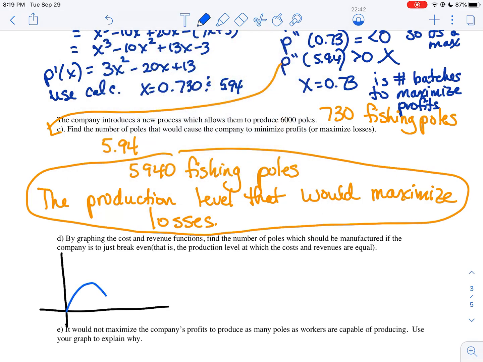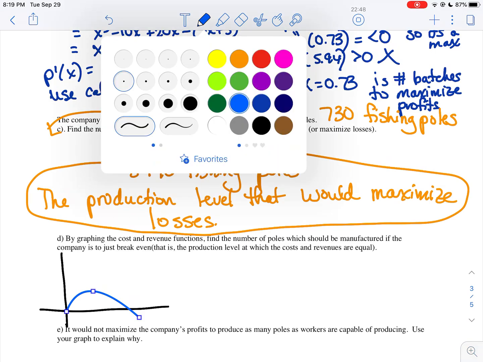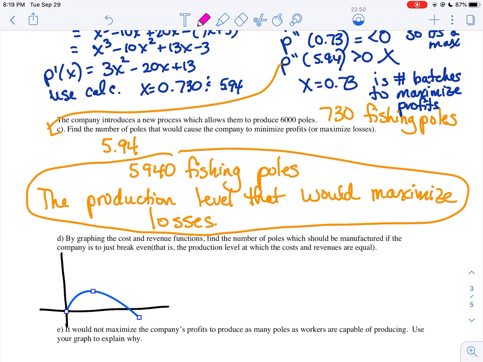So let's say this is about what I'm seeing, and then here was the cost function. So then I'm looking for those two intersection points.